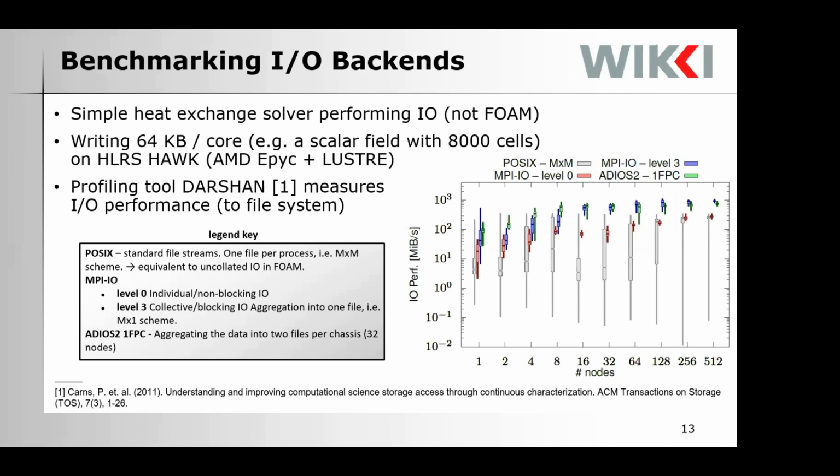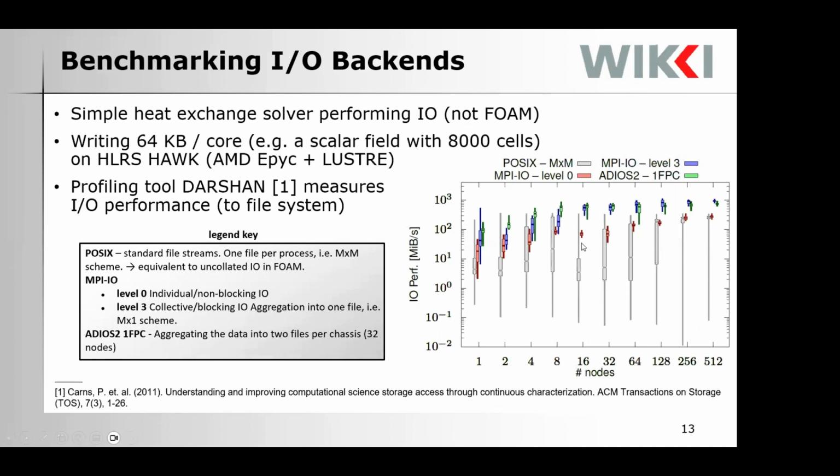So it's a pretty good aggregation ratio. And as you can see here, the IO performance is shown, and down here we have the number of nodes.